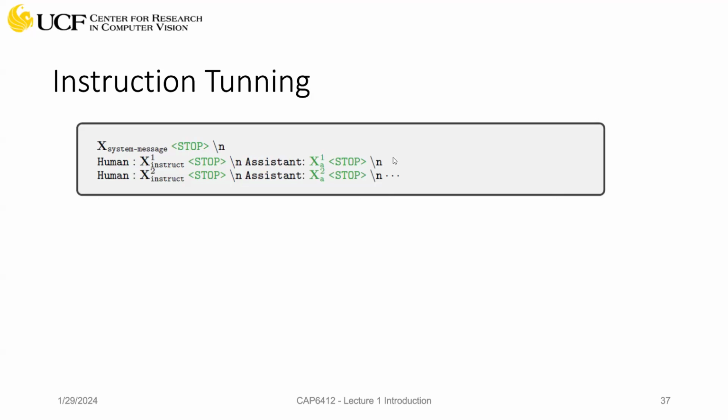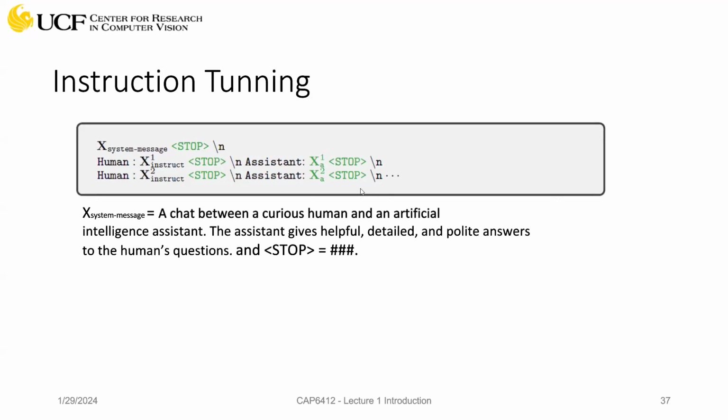So this is one turn, then the human will give another question, then the assistant will give an answer, and so on. We'll keep going like that. So this is the message from the system. We'll say a chat between a curious human and an artificial intelligence assistant that gives helpful, detailed, and polite answers to the human's questions and so on.